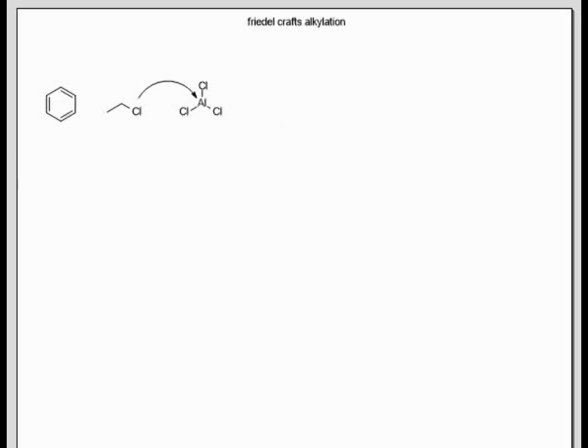So let's draw the reaction. First we will get a carbocation, the ethyl carbocation in this case. Then we are going to get an aluminum complex with four chlorides in it.